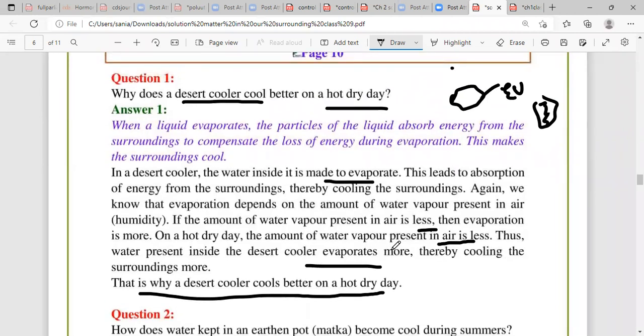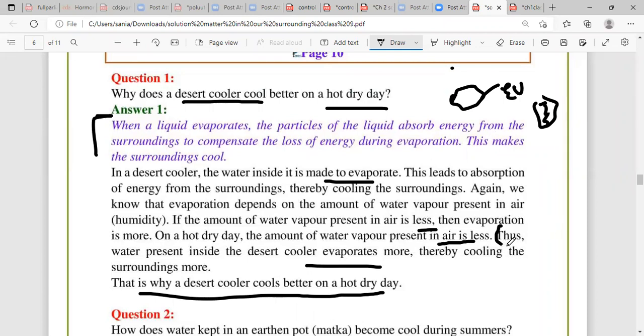Okay, clear? So you are not going to write this. You are just going to write: when a liquid evaporates, the particles of liquid absorb energy from the surroundings to compensate the loss of energy during evaporation. This makes the surroundings cool. Okay, clear? Yes, ma'am.